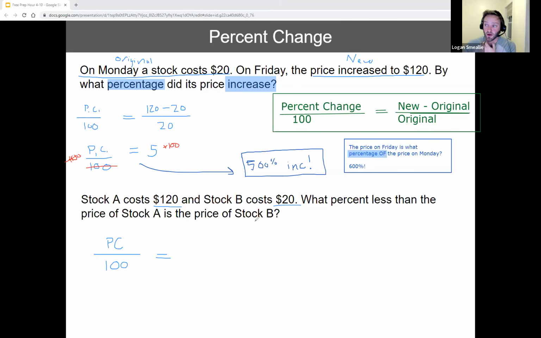Well, the original is going to be 120. How do I know that?